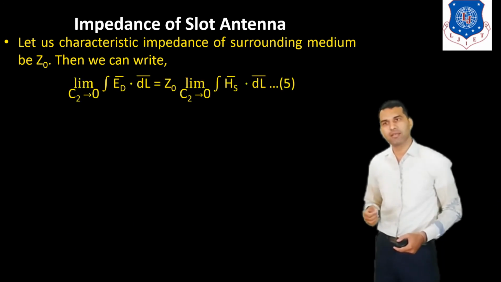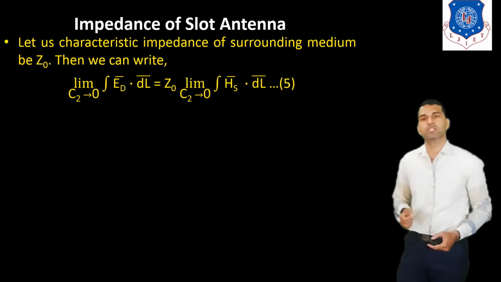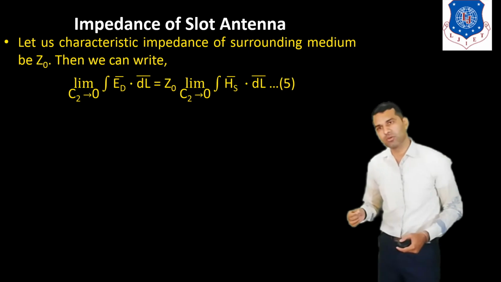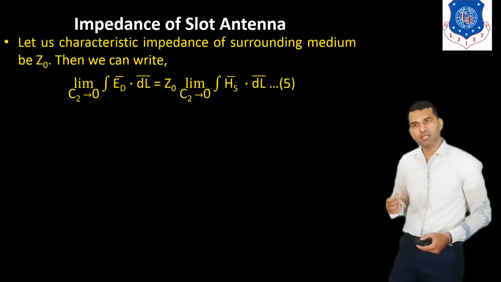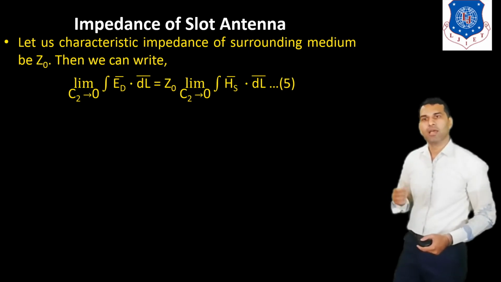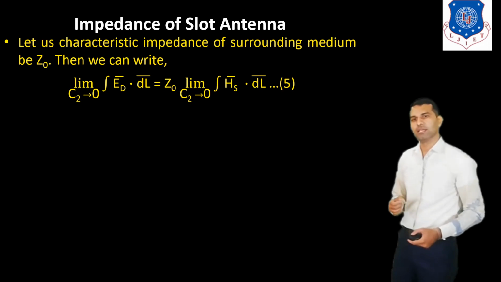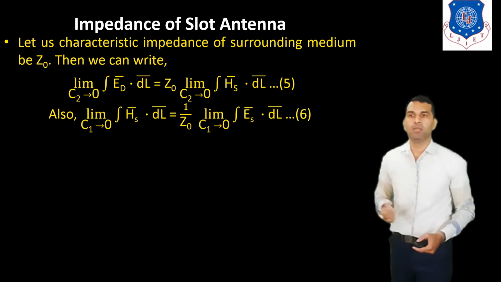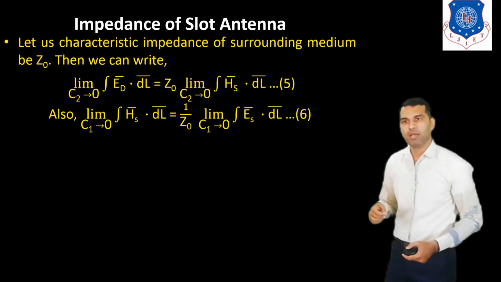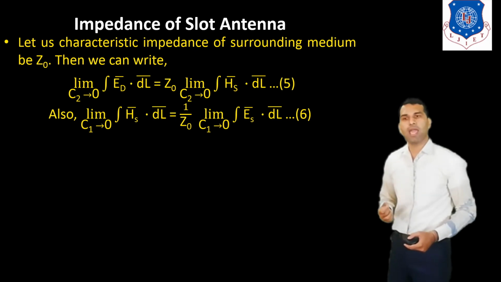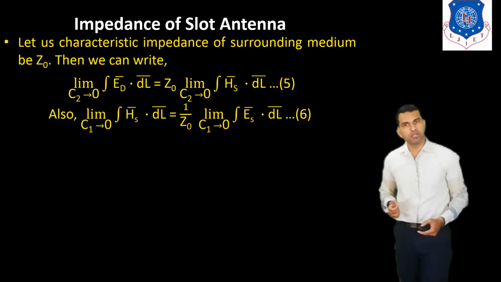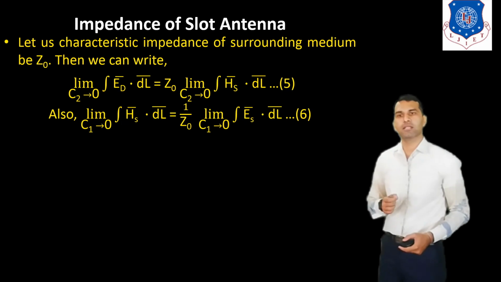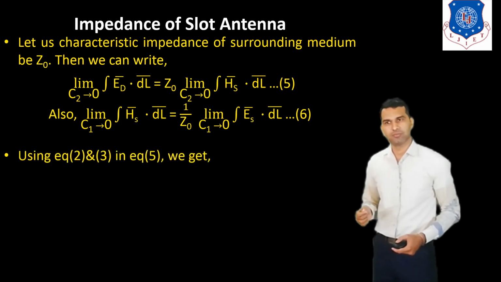Then we can write the limit as C2 tends to 0 of the integral of Ed dot dl is equal to Z0 times the limit as C2 tends to 0 of the integral of Hs dot dl. And we can also write the limit as C1 tends to 0 of the integral of Hs dot dl is equal to 1 upon Z0 times the limit as C1 tends to 0 of the integral of Es dot dl.